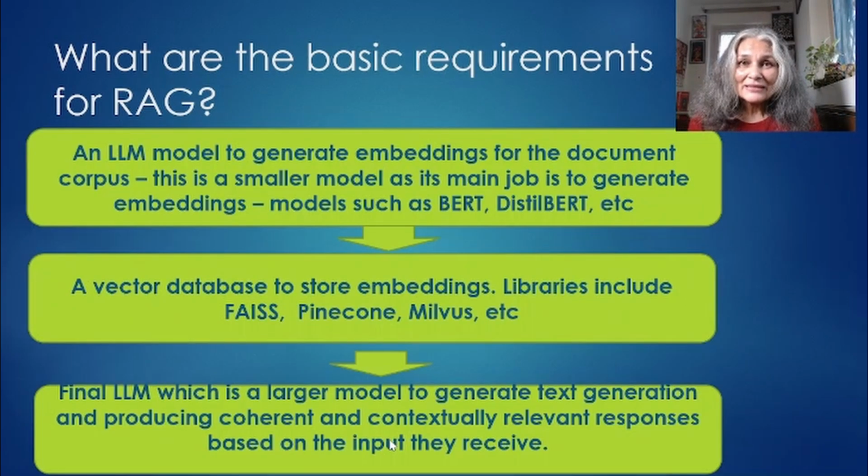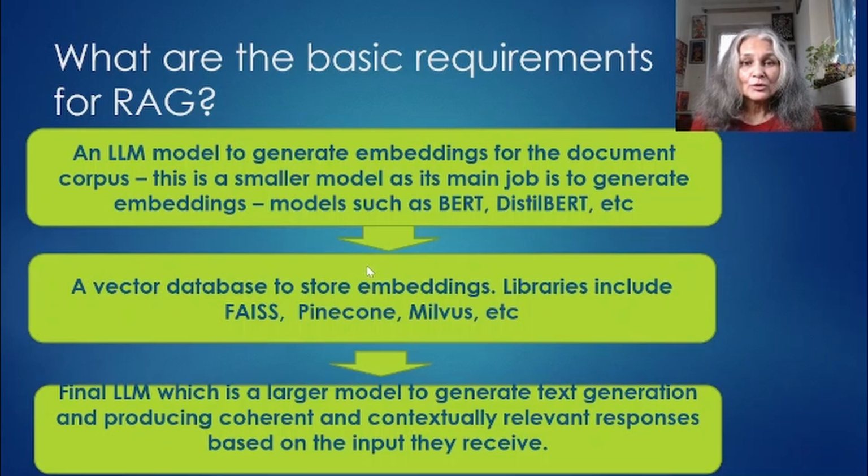So what are the basic requirements of a RAG system? First of all, a RAG system requires a large language model to generate the embeddings. And this is a smaller model, typically such as BERT or DistilBERT. These are free models which are available on Hugging Face. The second thing that it requires is a vector database to store embeddings.